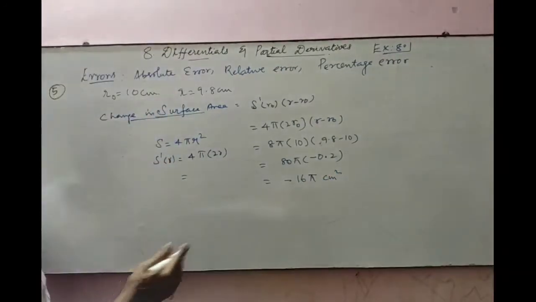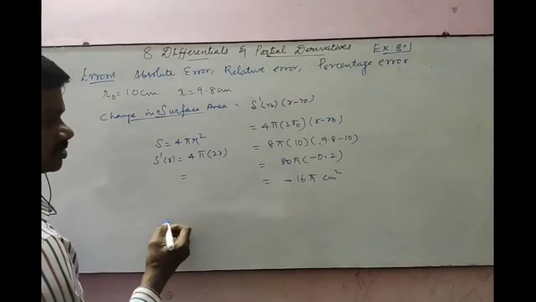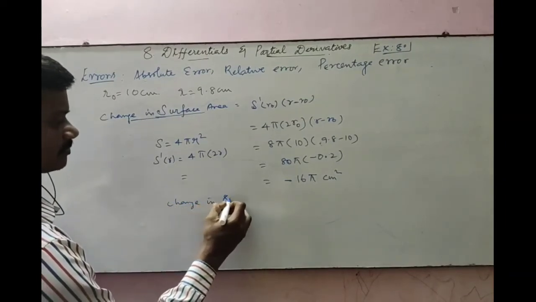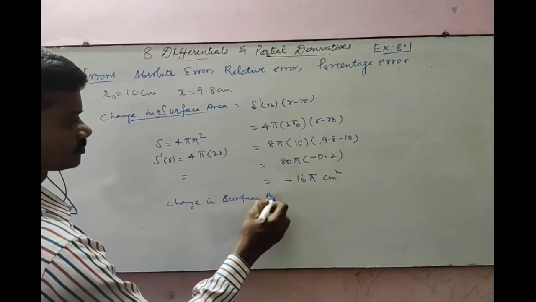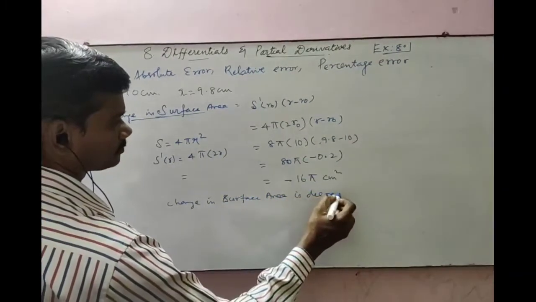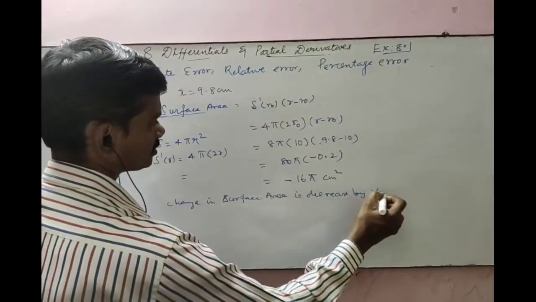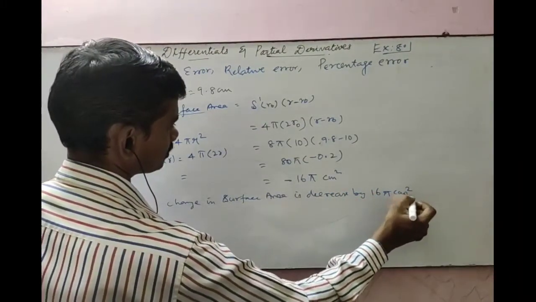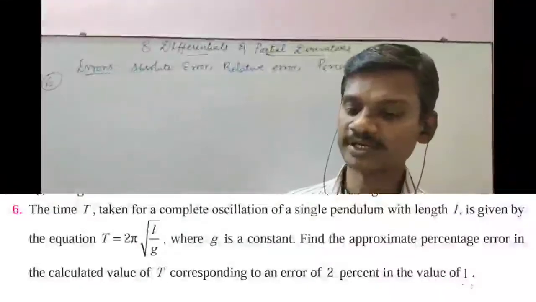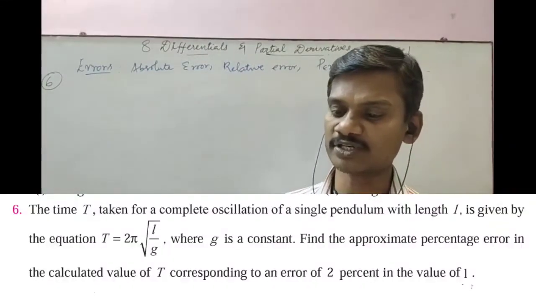Since it is the area, minus 16 pi centimeter square. So the change in surface area is decreased by 16 pi centimeter square.